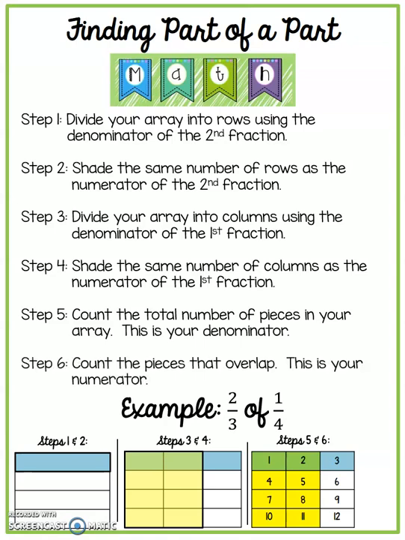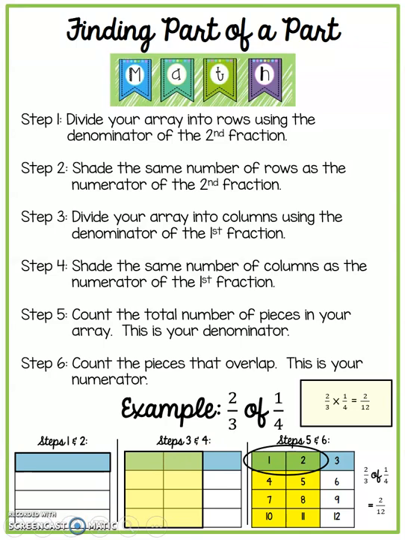Finally, the pieces that overlap are our numerator. This is our answer. So since 2 pieces overlap, that means 2/3 of 1/4 is equal to 2/12. Mathematically, I can show this by saying 2/3 times 1/4 equals 2/12 because I multiply my numerators of 2 times 1 to get 2, and I multiply my denominators of 3 times 4 to get 12.